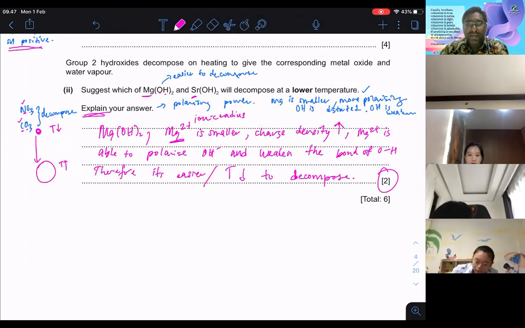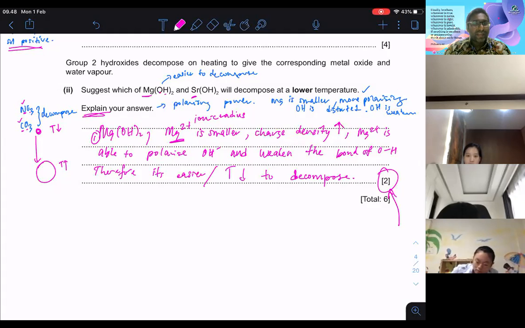No need, Gabriela Nicole. It is generally understood that it is at the top and Mg2 plus has fewer shells. If you want to talk about the number of shells, no need, because it's only 2 marks. We know for sure 1 mark is given over here, and another mark is based on your explanation. So I don't think explaining the ionic radius is going to be important.